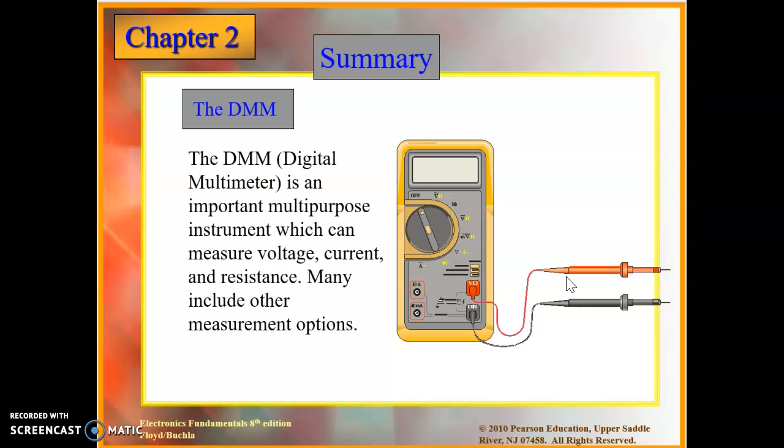But keep in mind that whenever you measure current, you have to make the multimeter part of the branch where you are taking the measurements. If you're measuring the voltage, then you can just be parallel to the branch or the element that you are measuring.